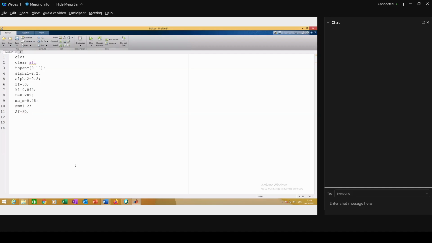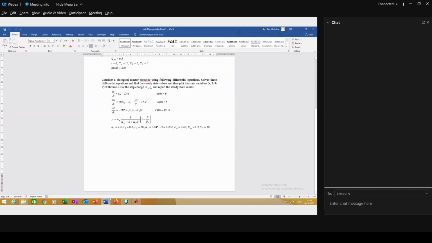So I defined all the variables. Now, if you look at the differential equations, I need these variables inside the function file. So I can bundle them so that it's easy for me to supply.